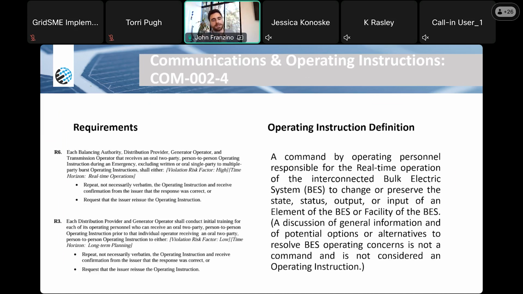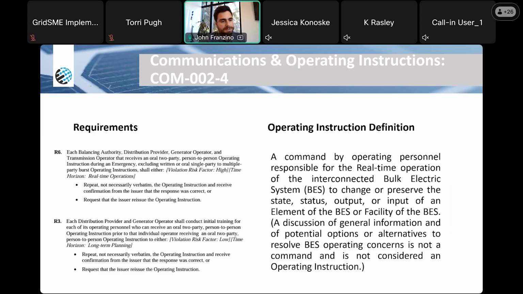This is anytime the BA or the TOP is issuing a real-time instruction or command to the GOP to change a status, to move a set point, anything like that. And they're normally calling you because there's either an ongoing reliability issue or a potential impending one. So ensuring that the GOP's personnel receive that instruction correctly is imperative.